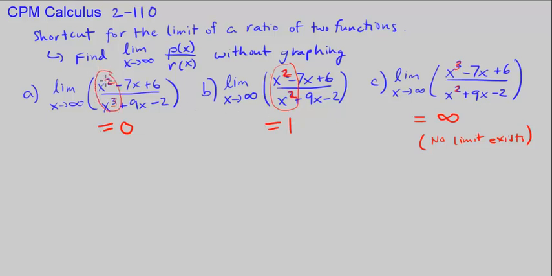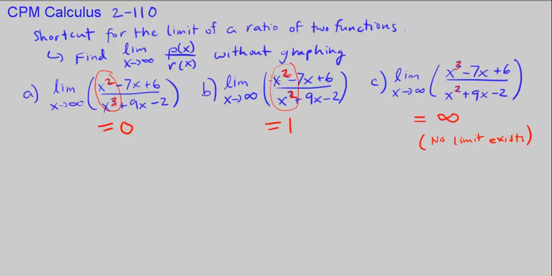These are different. The biggest power in the numerator is smaller than the biggest power in the denominator. So as x goes to infinity, this one gets bigger faster. So you get a number over a larger number, which becomes 0.